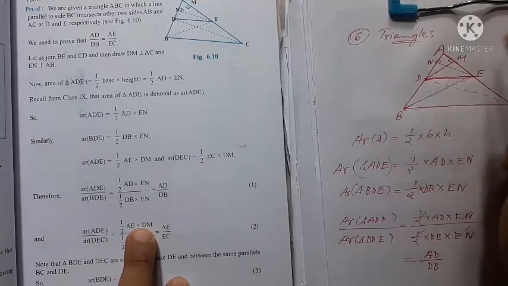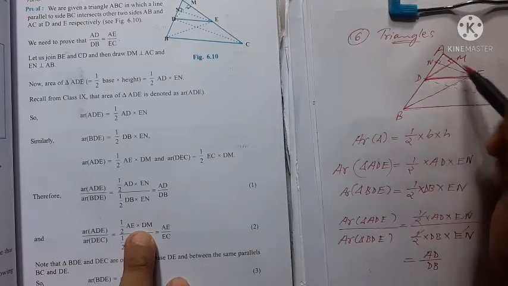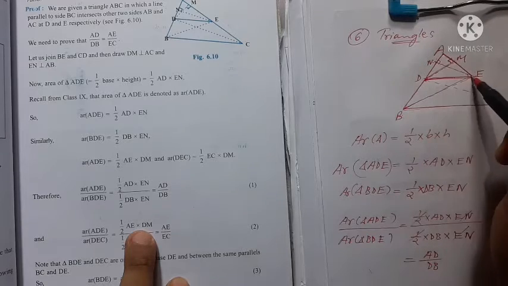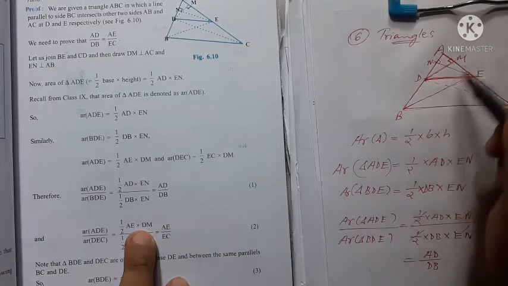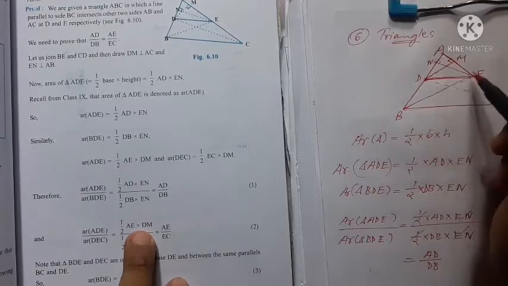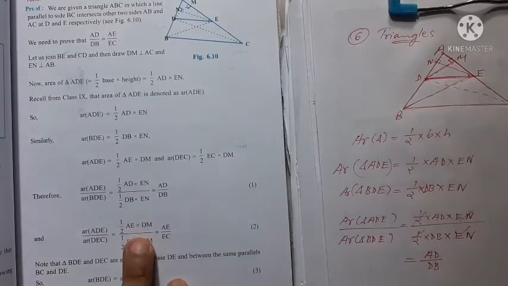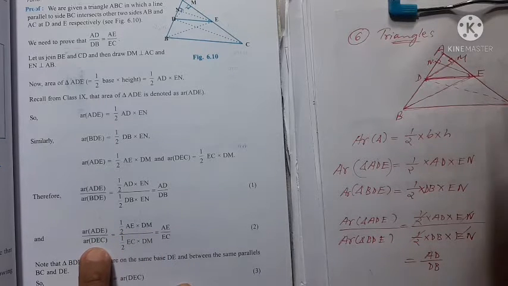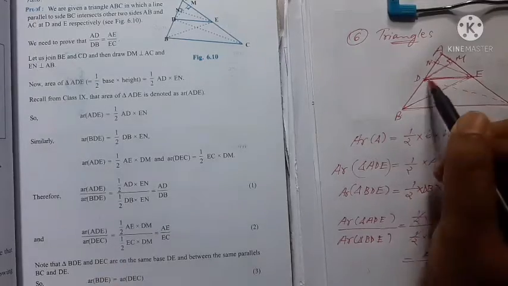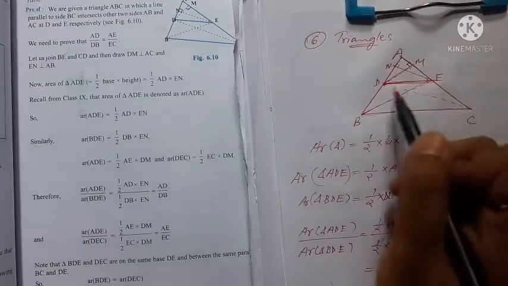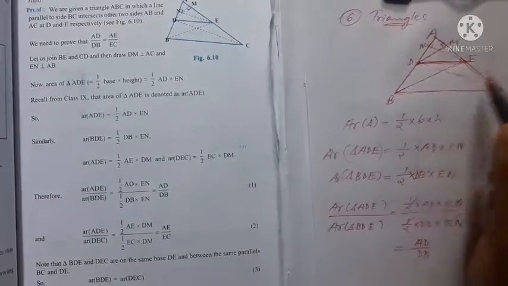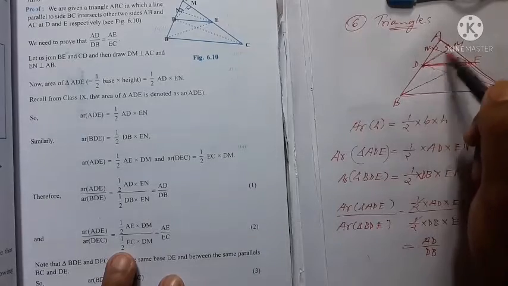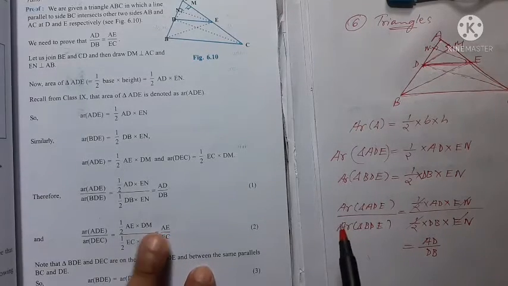Similarly, the area of DEC is half into EC, the base, into the same height DM. Again if we cancel, we will get AE by EC.